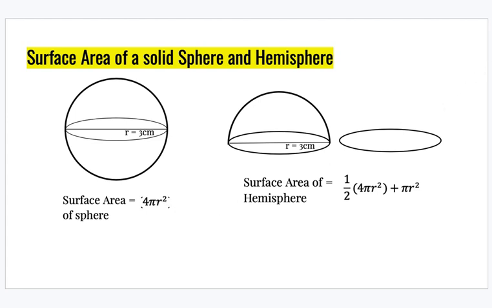We find that the surface area is actually 4 times the area of a circle with the same radius. So it's 4 pi r squared, 4 times pi times 3 squared. And that gives us 113 cm squared.